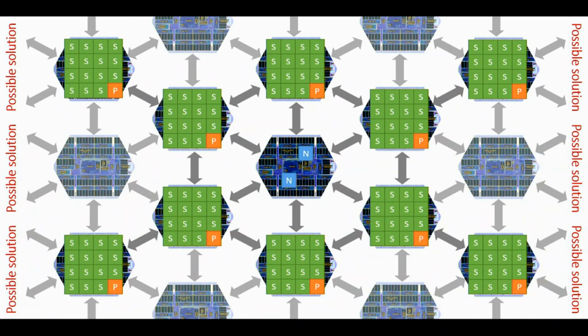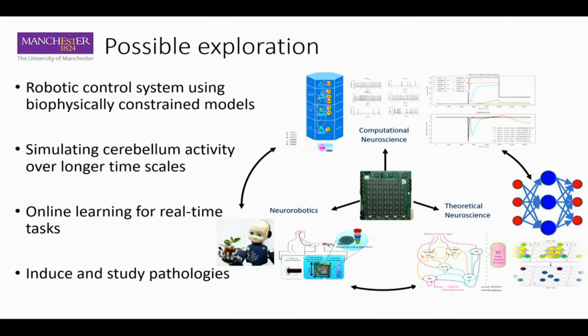Again, this hasn't been attempted ever on SpiNNaker, but if this is successful, then it would mean that any model with any sort of fan-in should be possible, allowing us to do all of the things that we promised with the SpiNNaker platform. Some of them being, you could have robot control systems using biophysically constrained models rather than simplified models of, say, the cerebellum. You can simulate the cerebellum like we have for the cortical microcircuit over days or weeks, at the cost of days or weeks, right?